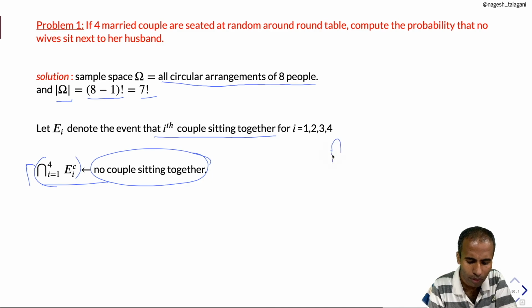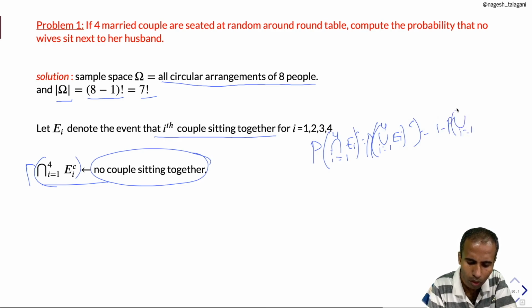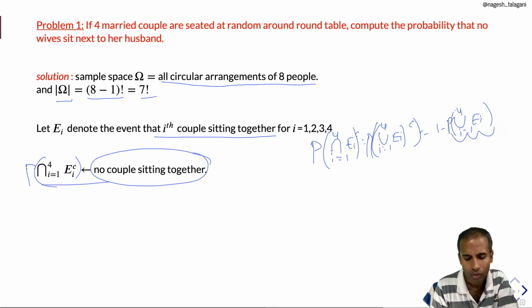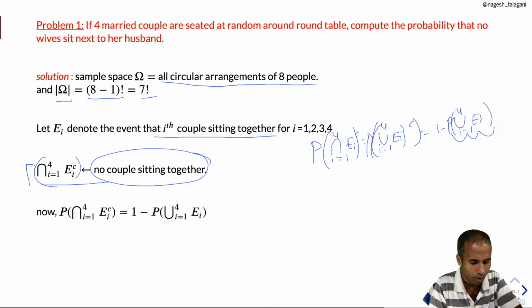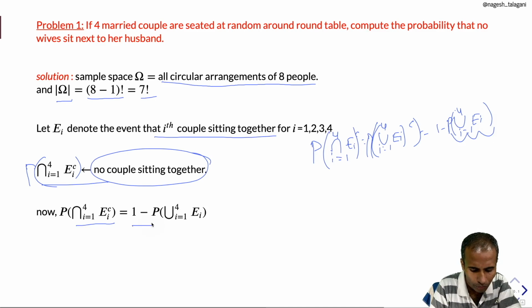Using De Morgan's laws, I can write intersection i equal to 1 to 4 Ei complement as union i equal to 1 to 4 Ei whole complement. So the probability of this is equal to 1 minus the probability of union i equal to 1 to 4 Ei.